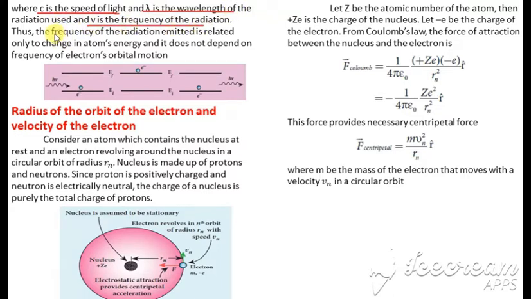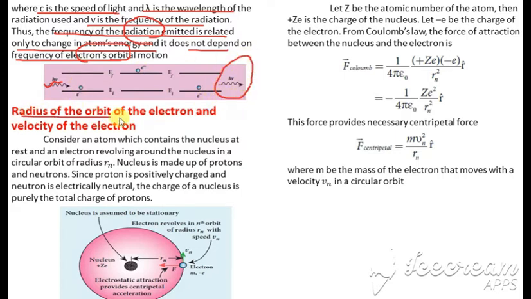So we can say that the frequency is related only to the change in the atom's energy, and it does not depend on the frequency of the electron. So the frequency of radiation does not depend on the electron frequency. So this is h nu. It is moving through various energy levels and we are getting the same energy.